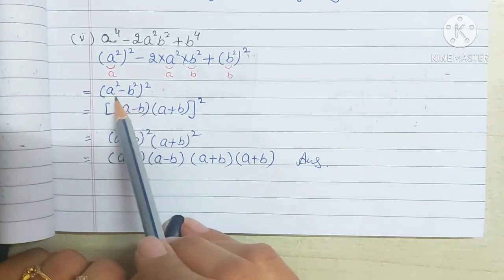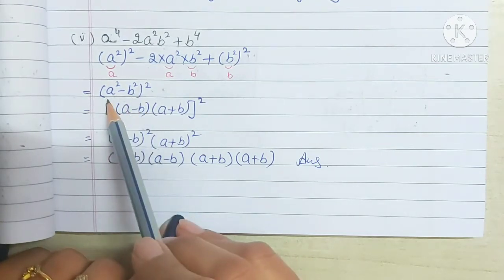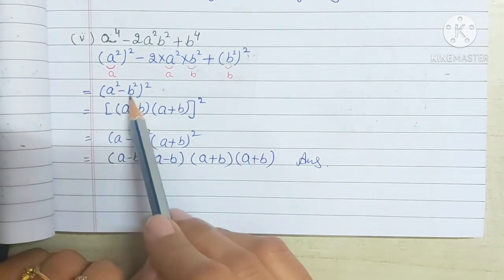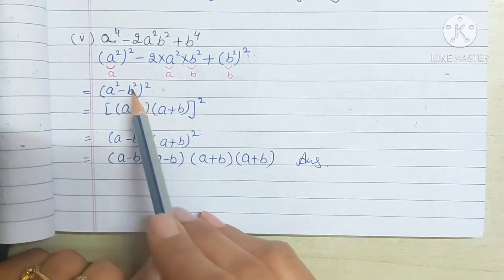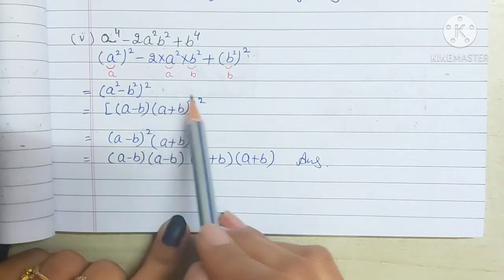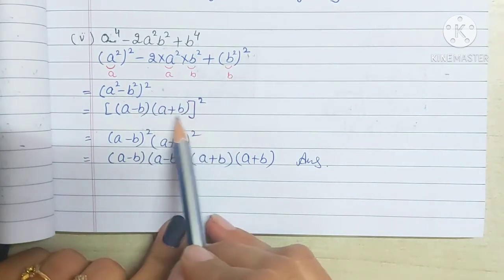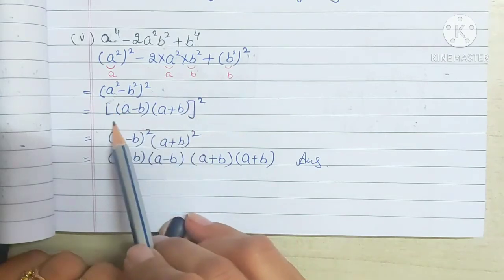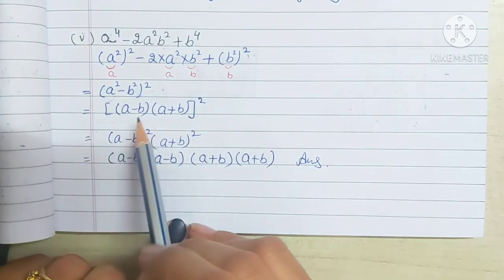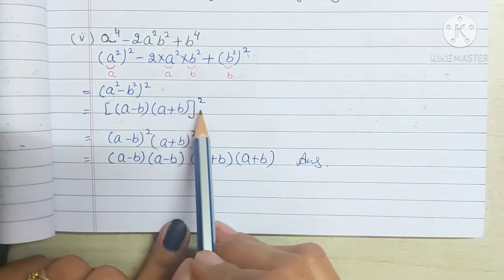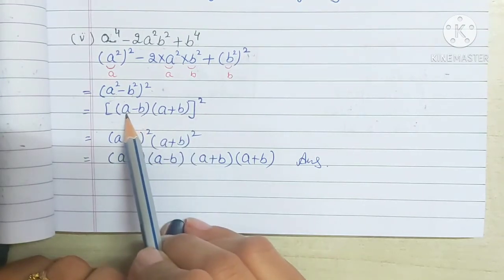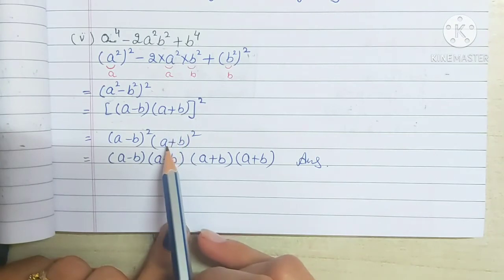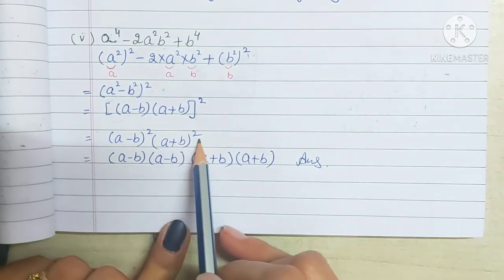So again here I can apply the identity a square minus b square, so that will be (a minus b)(a plus b). Do this step carefully, students. Here the square will be of the whole bracket. That means when I open the bracket, it will come in the form of (a minus b) square. This will also come in the form of (a plus b) square.